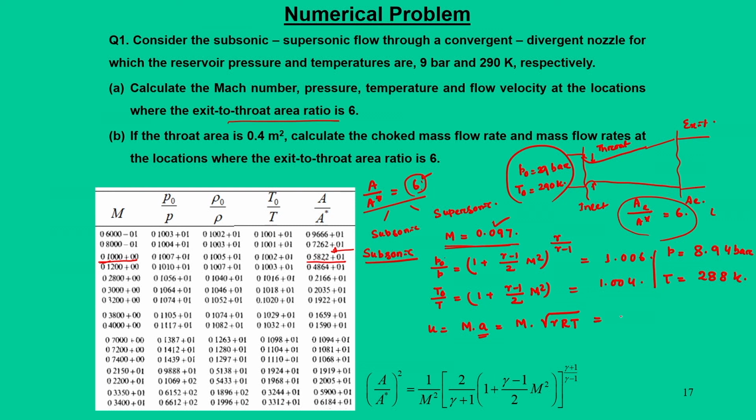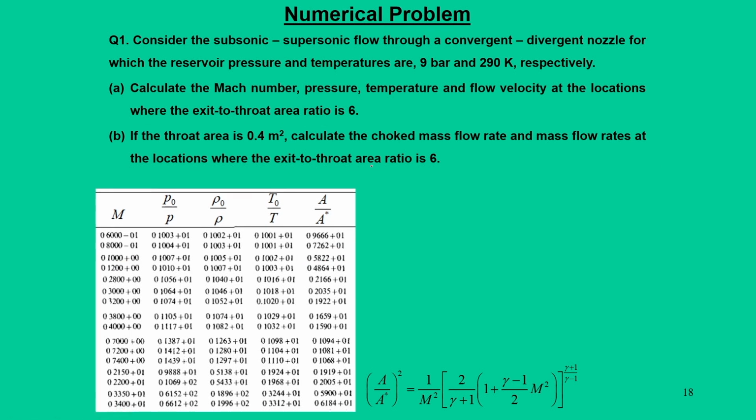So, U can be calculated as 0.097 square root of 1.4 into 287 into 288. So, U will be about 33 meter per second. So, this is how we obtain a subsonic solution.